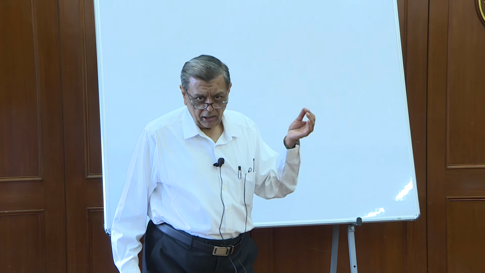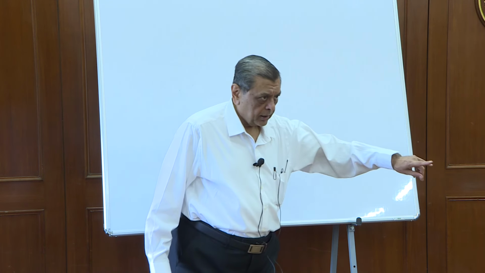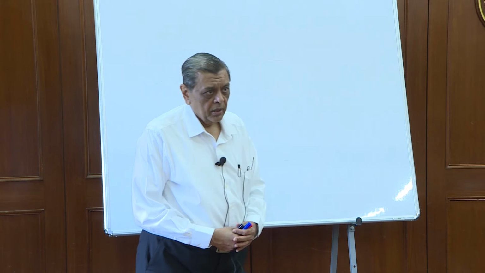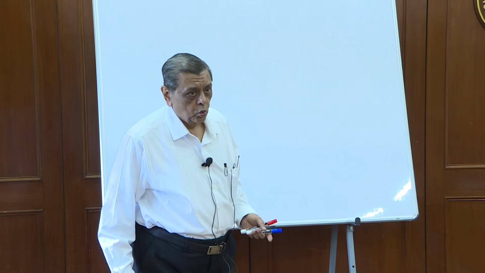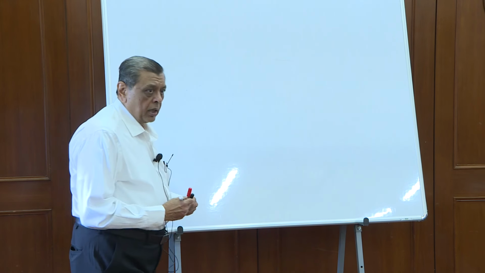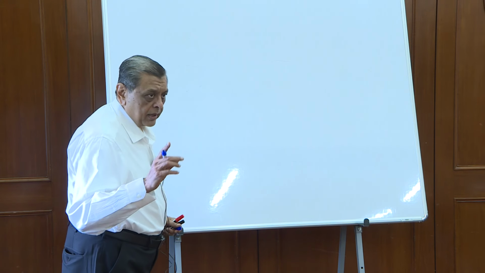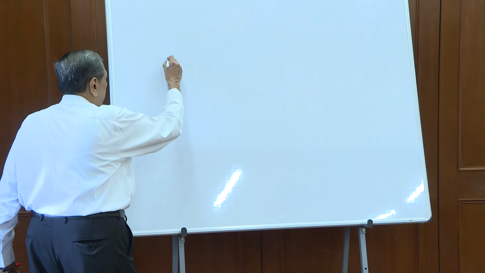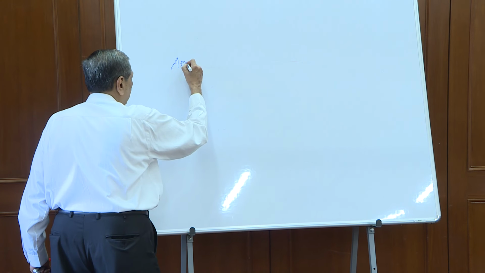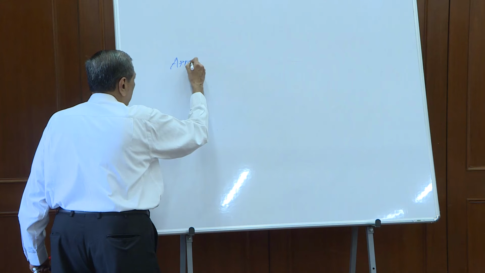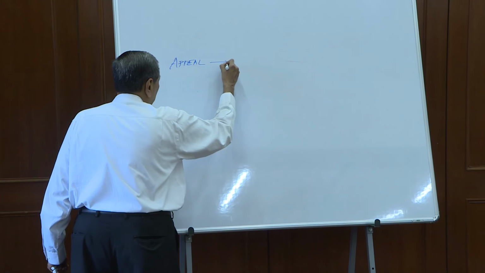At least one appeal. Now, when you look at this sequencing, you will see in the first two that there is something called an appeal from an original decree. What does this mean? This is an appeal from an original decree.